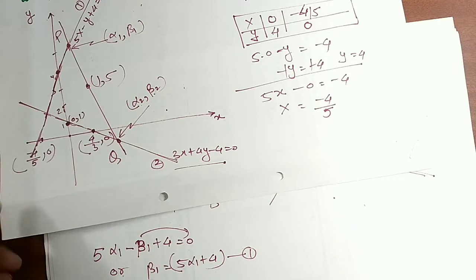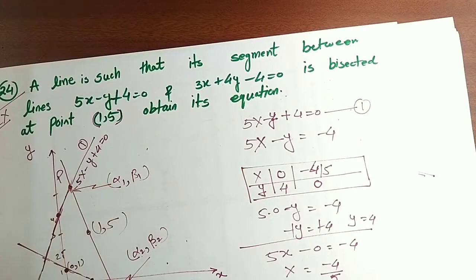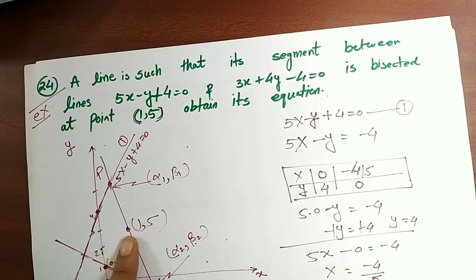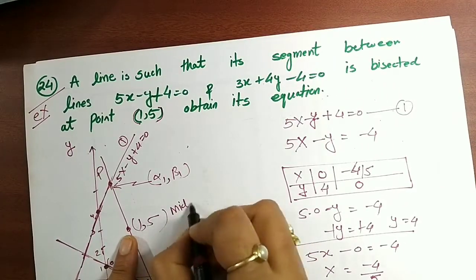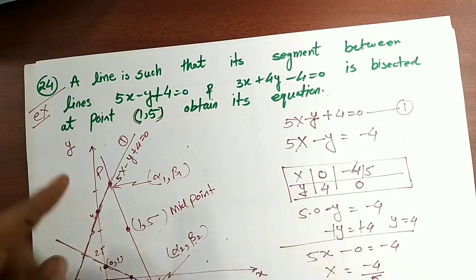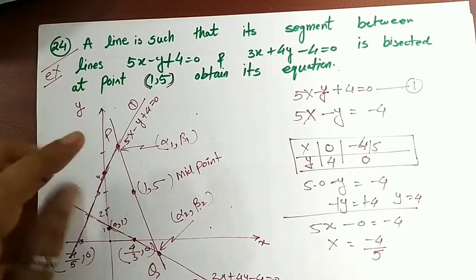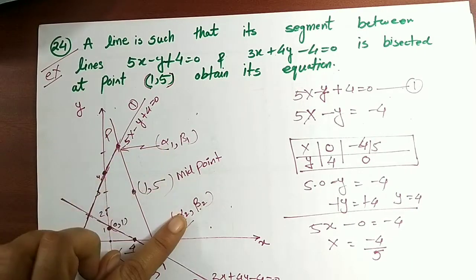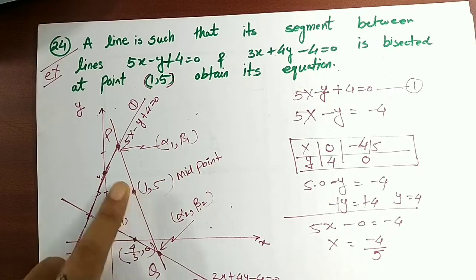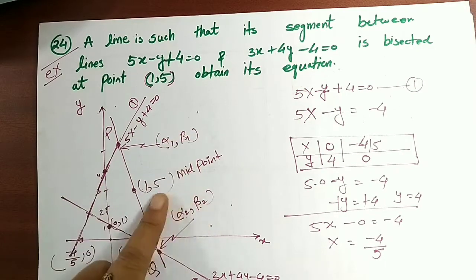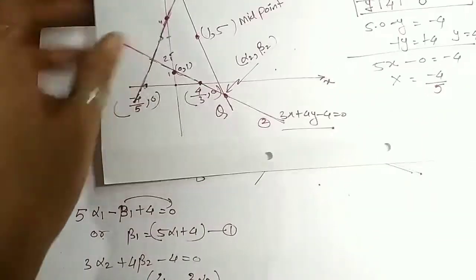But I am still not able to get alpha 1 and alpha 2. So I need to think of something. Guys, this is given. This is the midpoint of this segment. If this is the midpoint, clearly (alpha 1 plus alpha 2) by 2 should be 1, and (beta 1 plus beta 2) by 2 should be 5. So there are chances that I am getting one more equation.